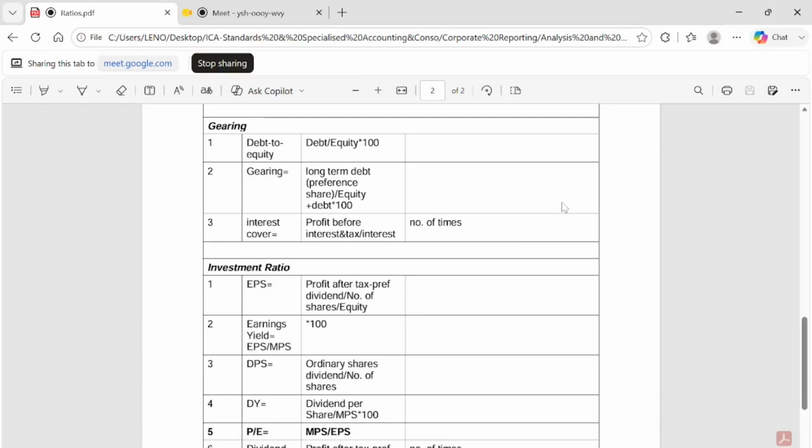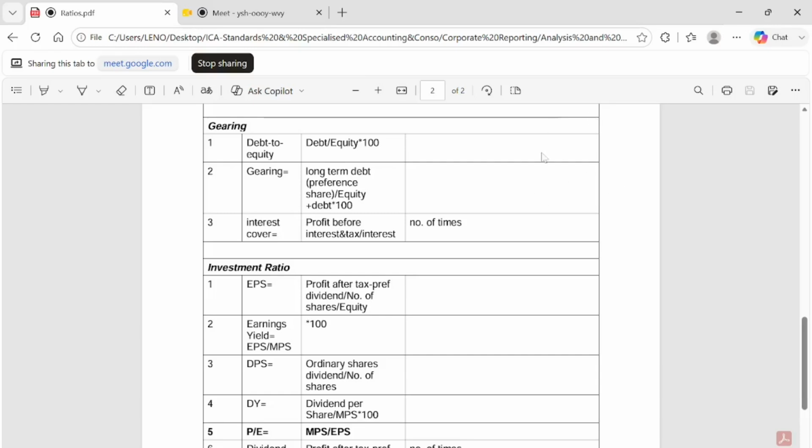So here you realize that the company is being run on debt rather than self-financing. In the equity structure of the company, you have more loans running it than the ordinary shareholders' funds, right?